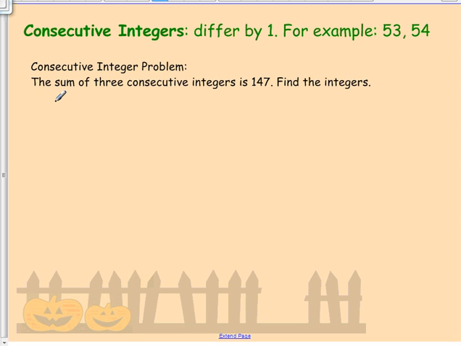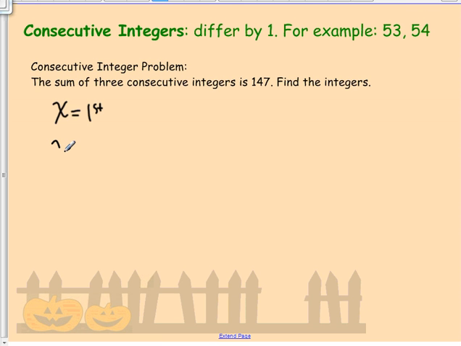So I'm just going to say my first integer is x. Okay, and that's going to be my number 1, my first integer. Now when you're talking about consecutive integers, you see that 53 could be x, and to get to 54, you're adding 1.